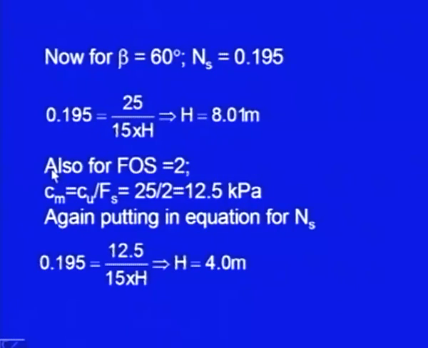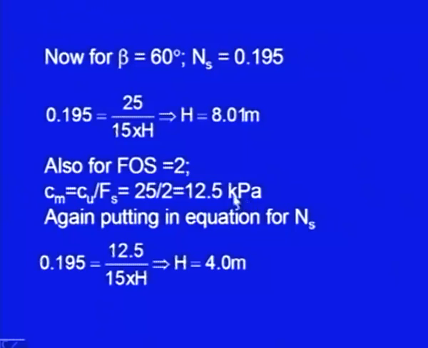Now, for the second part of the problem, it was told that the factor of safety needed is 2. So, that means now you can find out Cm is equal to Cu divided by factor of safety. Factor of safety is nothing but a ratio of available strength divided by the mobilized strength. So, from here I get Cm value, and Cm value comes out to be 12.5 kPa.